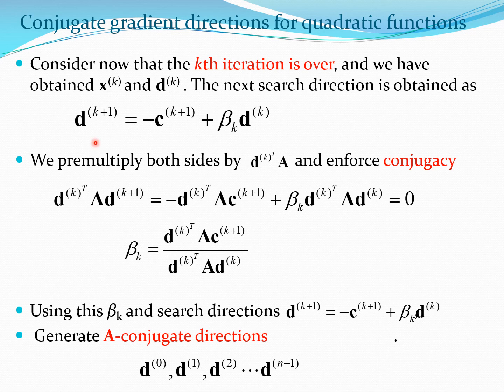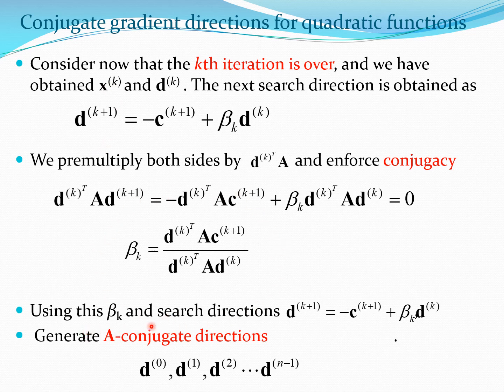Now pre-multiply both these sides by dk transpose A, which we have done here, and again enforce conjugacy, which means that dk transpose A dk plus 1 must be 0 because dk and dk plus 1 are conjugate, and therefore this equation must be 0. Now once this equation is 0, I can get beta k in this form. So essentially whatever we did in the previous slide, we now generalized it to the kth point. So at every point we can now generate a search direction using this general formula here.